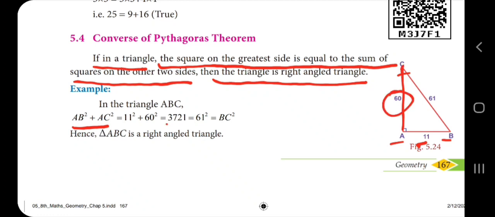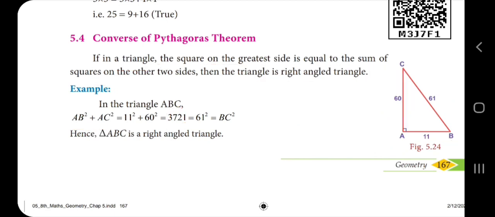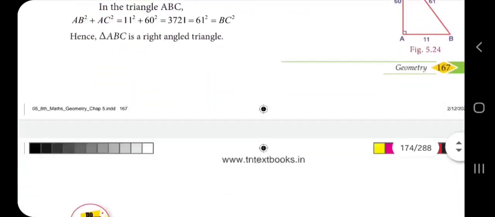If we square and add these numbers, we will get 3721. It's equal to the hypotenuse square, so 61 square. If you square 61, 61 into 61, you will get this answer, 3721. So hence we proved.